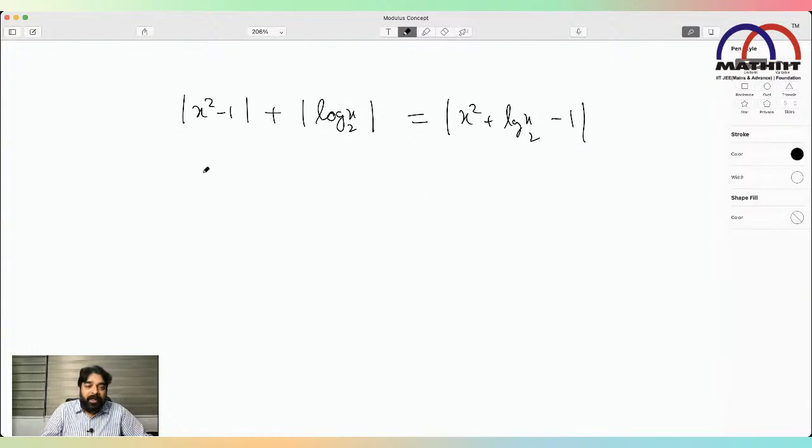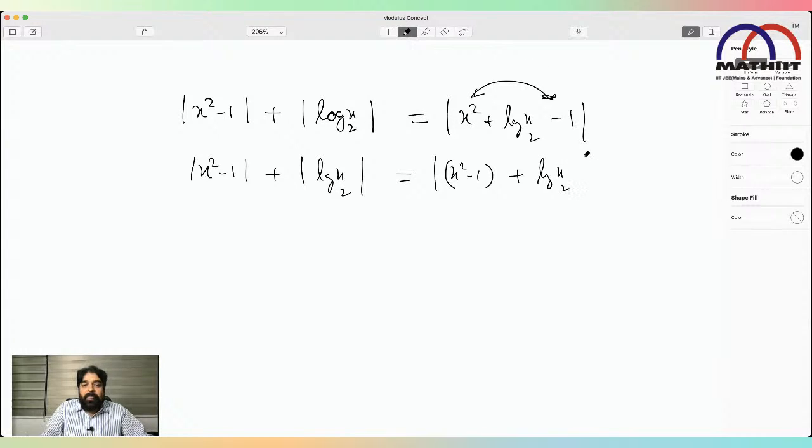Think carefully. We can write this as mod of x square minus 1 plus mod of log x base 2 equal to mod of x square minus 1 plus log x base 2. This will be valid. See, this is the x, this is the y. Mod of x plus y equal to mod x plus mod y only when both have the same sign.